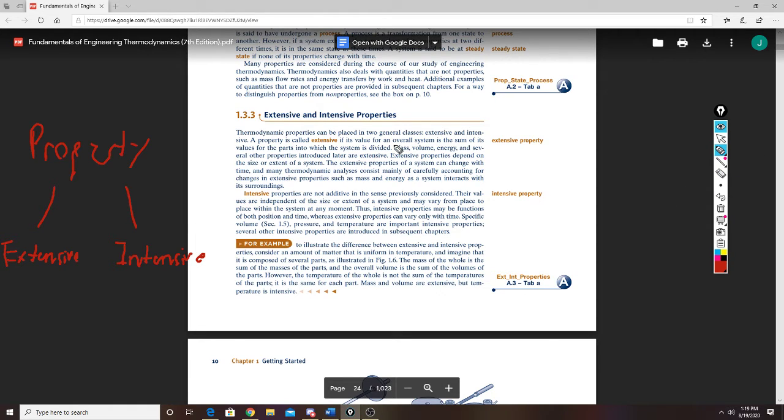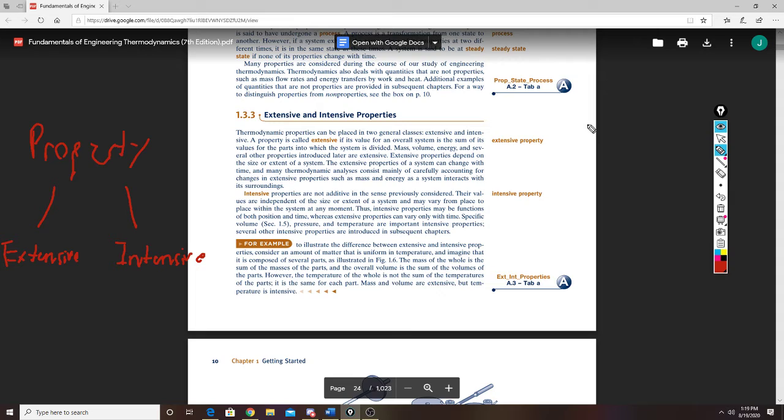So an extensive property is essentially if its value for an overall system is the sum of its values for the parts into which the system is divided. That was a really weird definition, but essentially mass, volume, energy, and several other properties introduced are extensive. Essentially, extensive properties depend on the size or extent of the system. So for example, mass depends on the size, right?